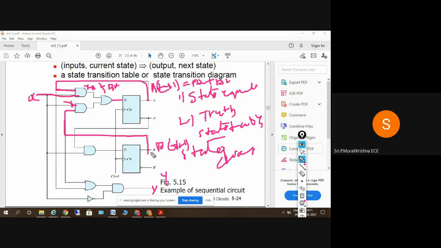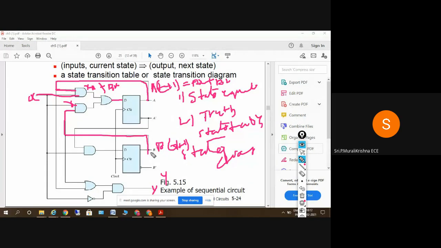Next, check the value of B of t plus 1. So tell me the value of B of t plus 1. X A bar.